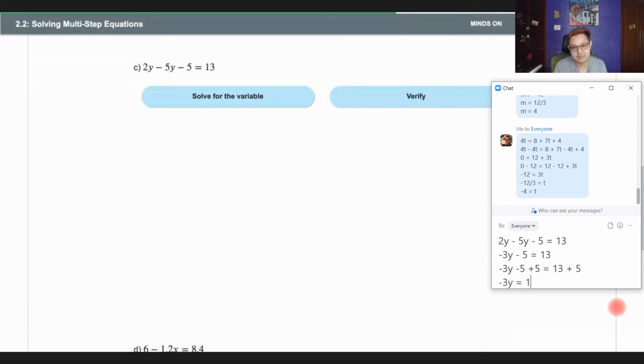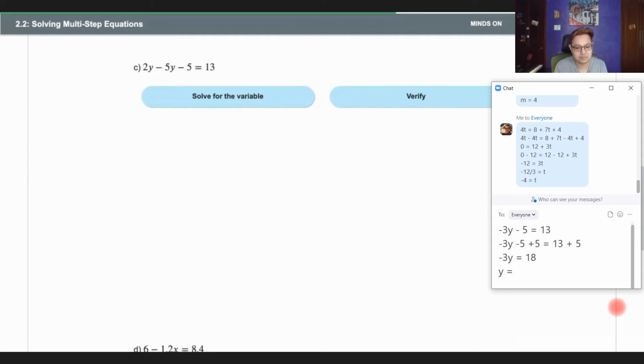Then you take the 5 and bring it to the 13, so it became addition. So 13 plus 5 equal 18. So negative 3y equal 18.